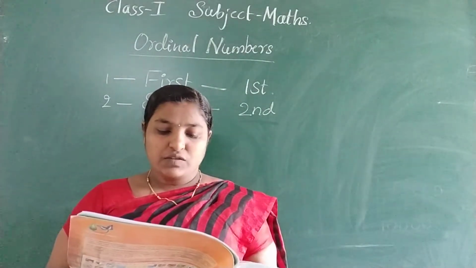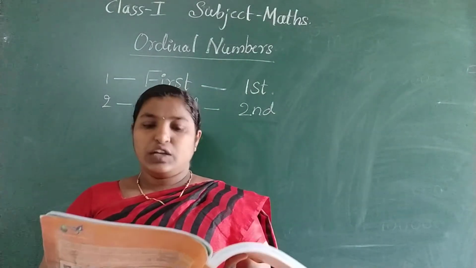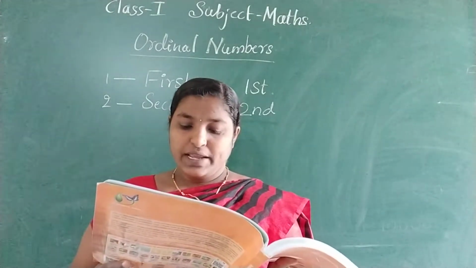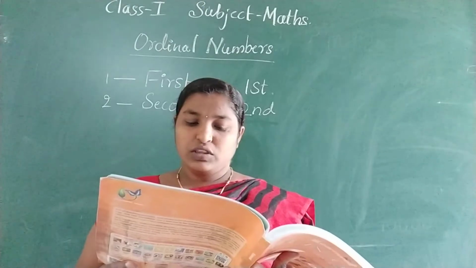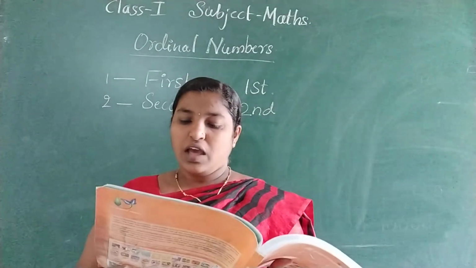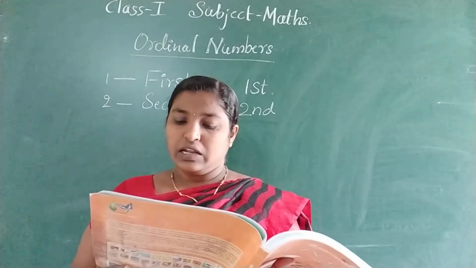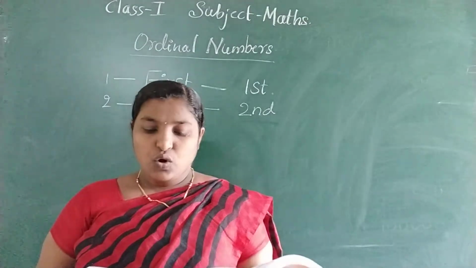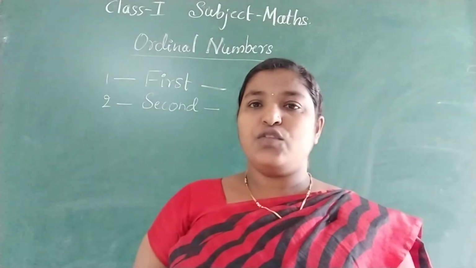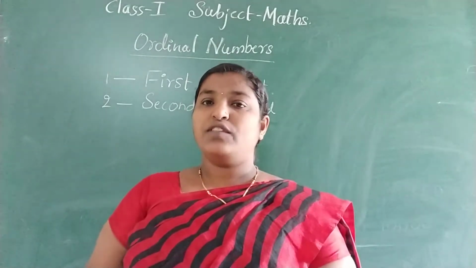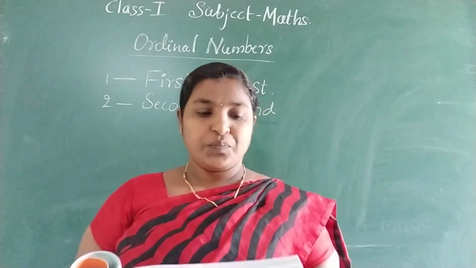See, in the first place, Duke. Second, Rohan. 3rd place, Anita. 4th, John. 5th, Kavita. 6th, Sandhya. 7th, Karan. 8th, Sunita. 9th, Varun. So these first, second, third, fourth, fifth numbers are showing the position of the respective students.